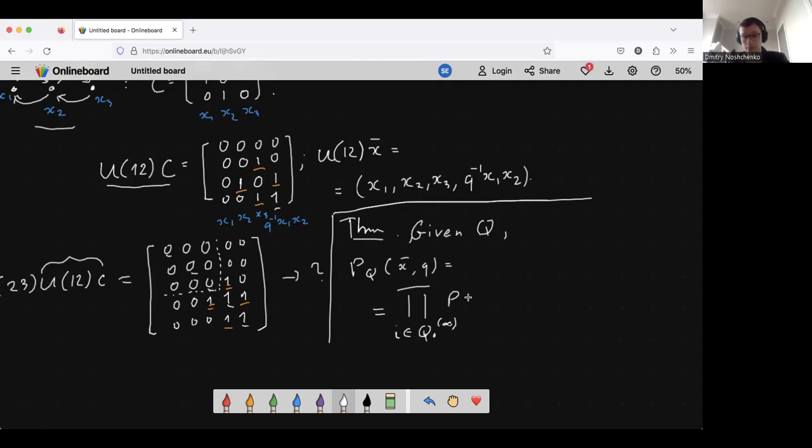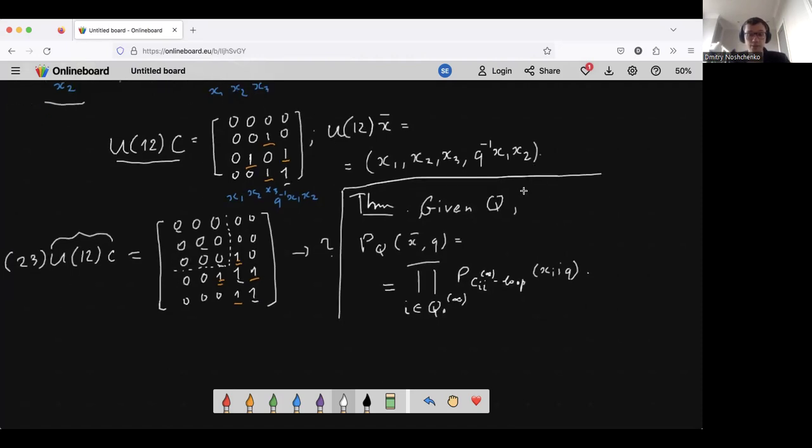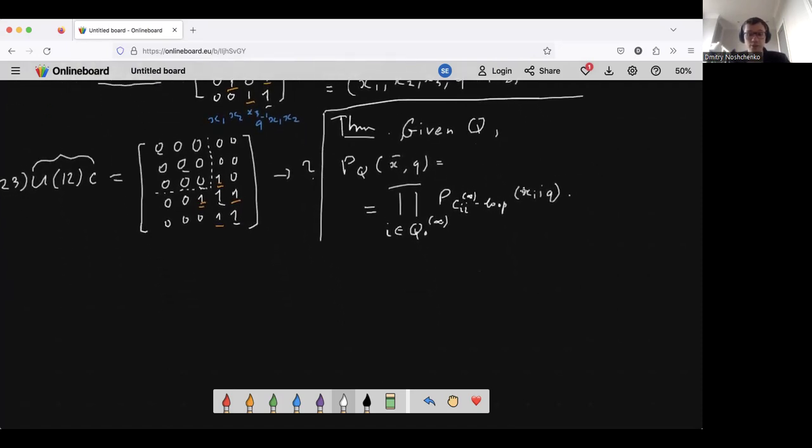And the product is taken over m-loop quivers, essentially. So this is C_i infinity loop, x_i and q. So what this theorem gives us is that any quiver could be essentially diagonalized.